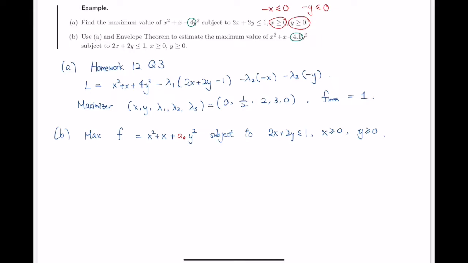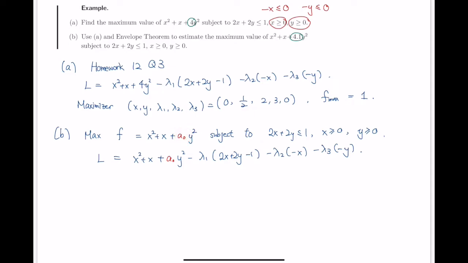Okay? And then what is the Lagrangian? The Lagrangian would be x squared plus x plus a0 y squared minus lambda 1 times 2x plus 2y minus 1, and minus lambda 2 times minus x, minus lambda 3 times minus y.